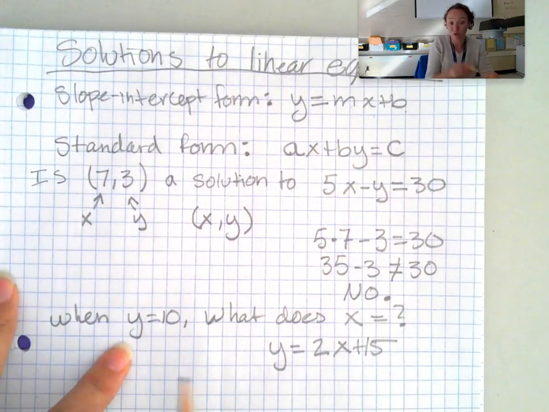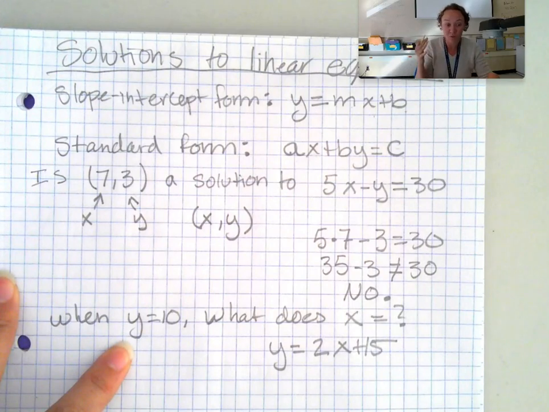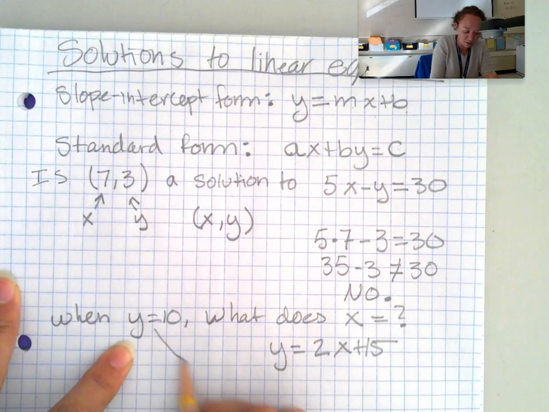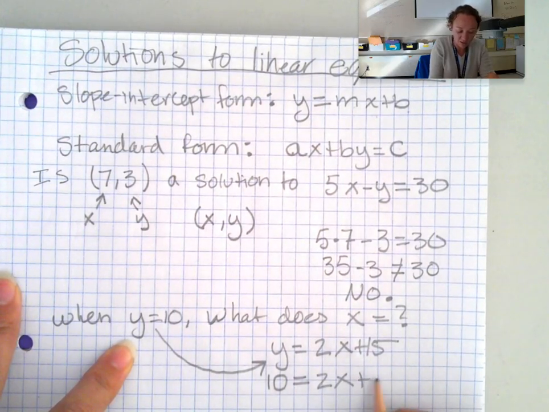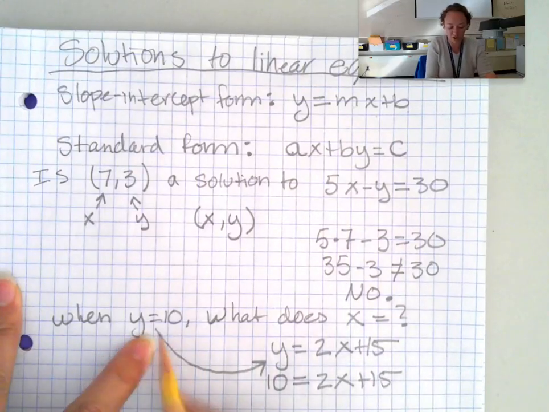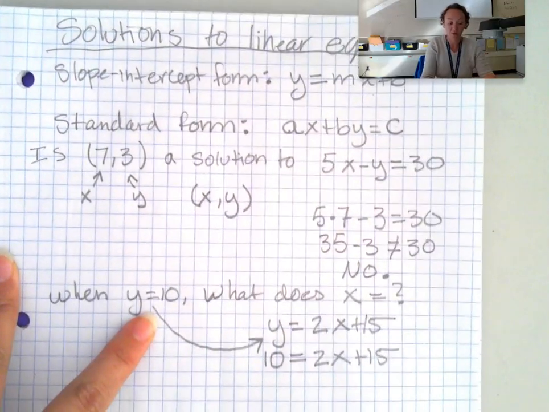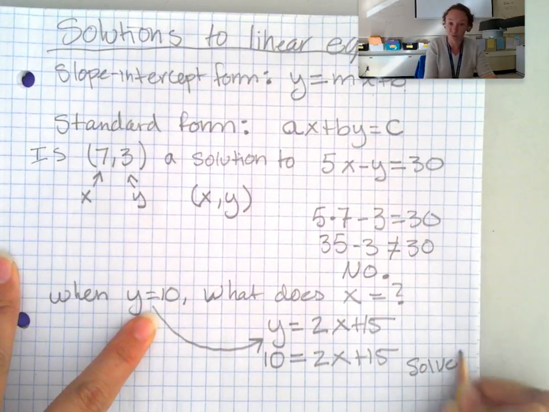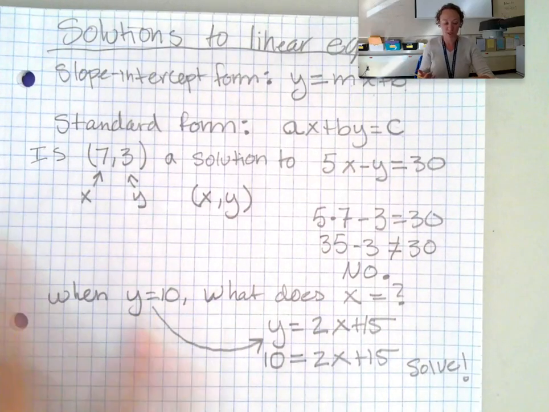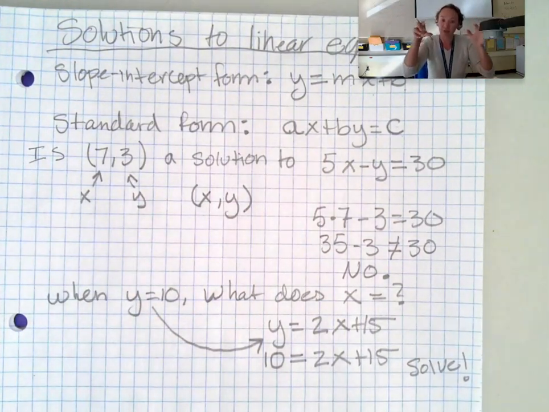To figure this out, I've only been given one of the numbers. I've only been told that y equals 10. So I'm just going to plug in y equals 10. So 10 equals 2x plus 15. Since y is the same as 10, I can just replace it. And then to find out what x is, I'm going to solve. So I'm going to do my algebraic solving steps. If I'm trying to get x alone, I can do the same thing to both sides.